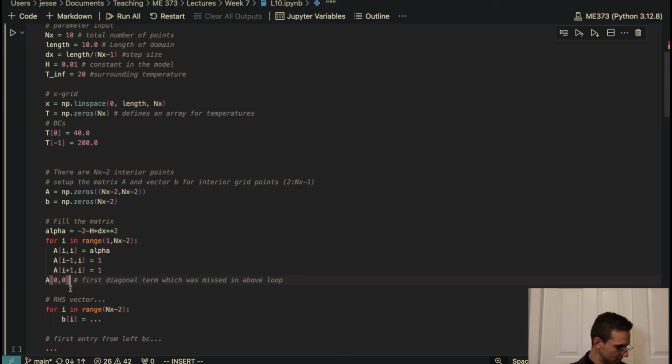Let me see. I actually made an indexing mistake here. We need this to be I minus 1 here. And so this one is the right of the diagonal, and this is the left of the diagonal. Let's see. Does that make sense? We have I minus 1, the first index going down.